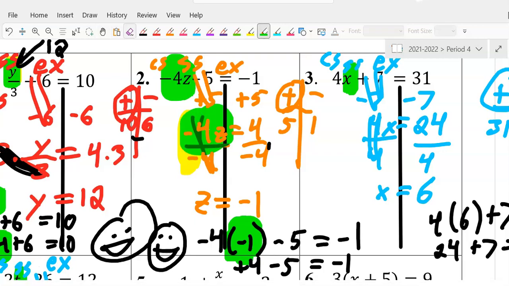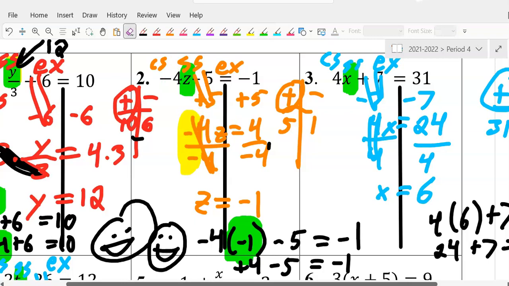Now what? Then I got positive 4 from the scoreboard, and I divided both sides by negative 4. Very good. And what do you get? I got negative 1. Negative 1. Very good. All right. Are we done?